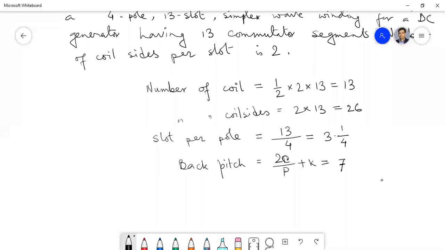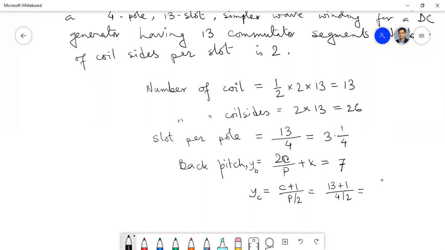Now, next, what we have to determine? Commutator pitch. And what is the commutator pitch? C plus minus 1, C plus for progressive winding. So this is 13 plus 1 by 2.